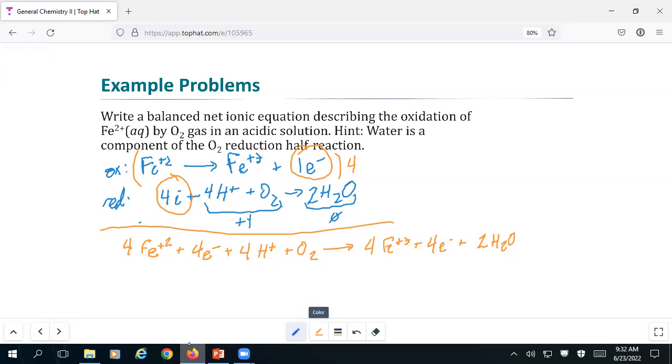In this case, not nearly as much redundancy. The only thing that we have to pay attention to is that the 4 electrons cancel out. Everything else is the same.